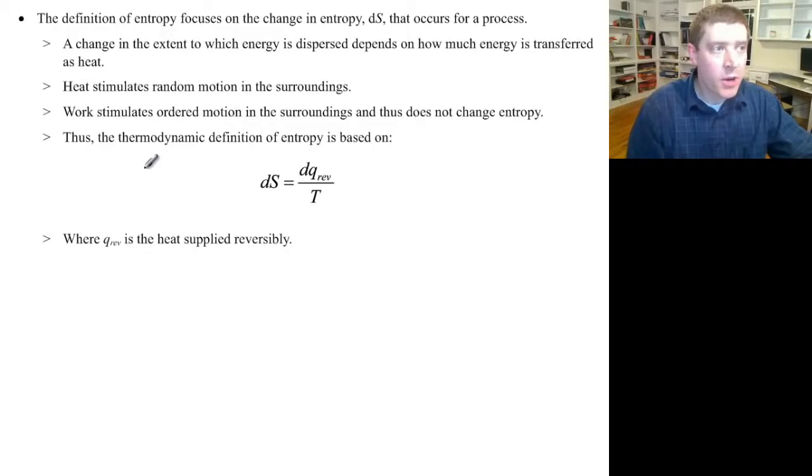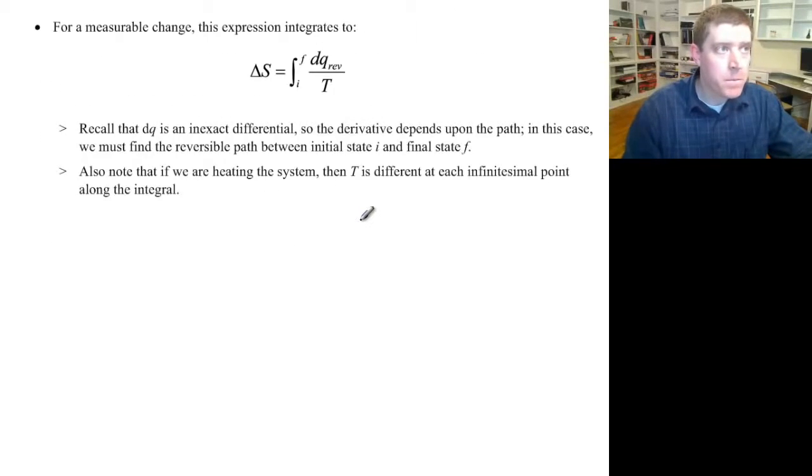So the thermodynamic definition of entropy is based on this equation, dS equals dq reversible over T. So q reversible is the reversible heat being supplied. For some measurable change, now we have delta S instead of dS. We integrate this from some initial state i to some final state f.